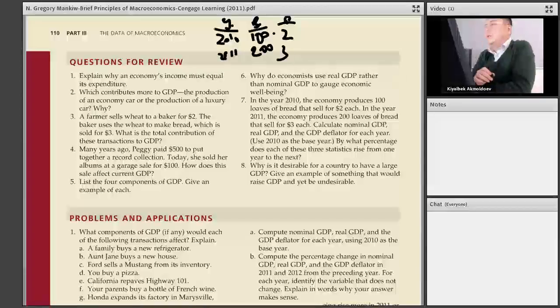Calculate nominal GDP. 200 times 3 is 600.